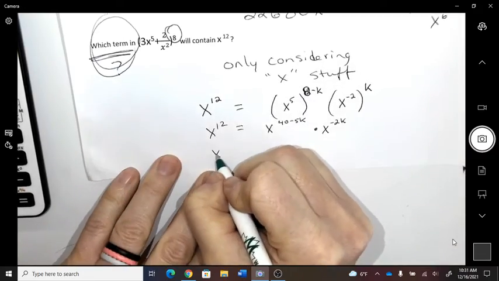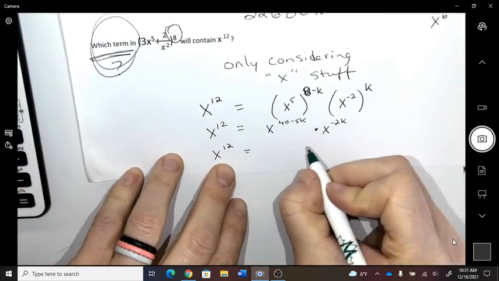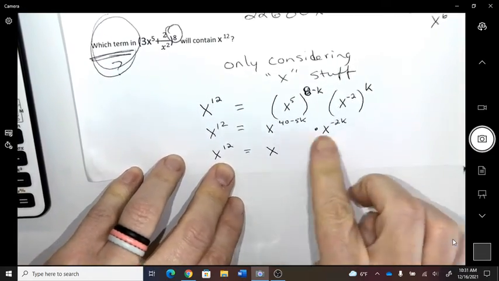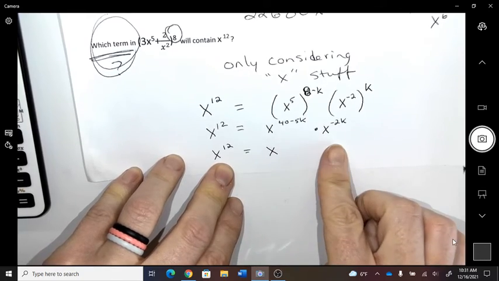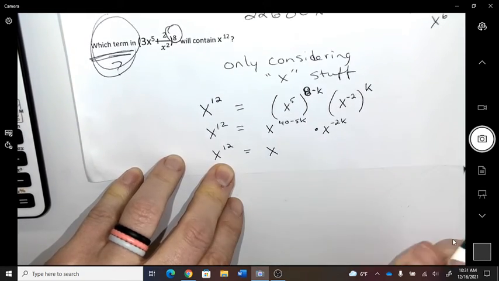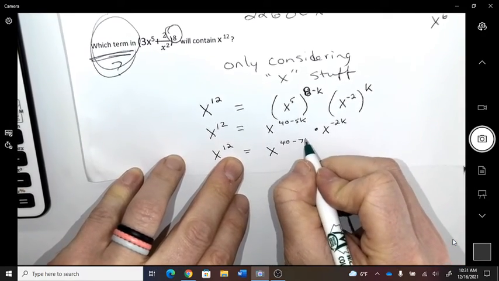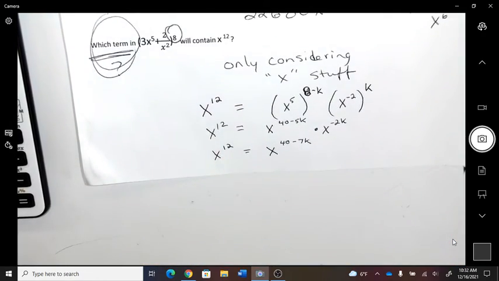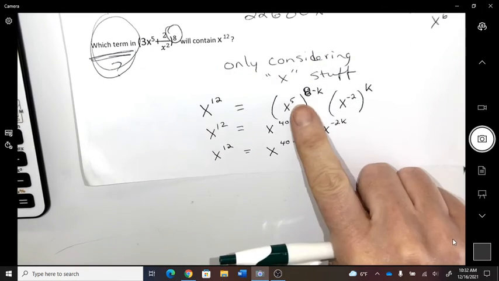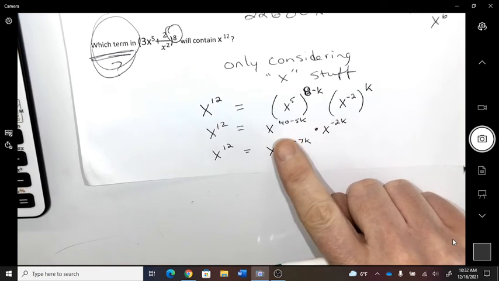Okay, so now what do you do in this situation? What do you do with the exponents? You have to add them. Right? Exponents to exponents, we multiplied.